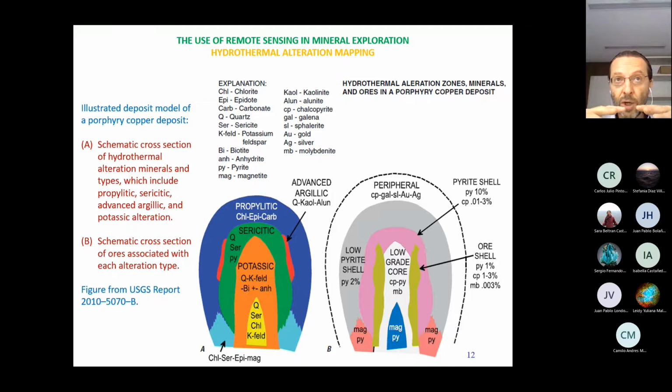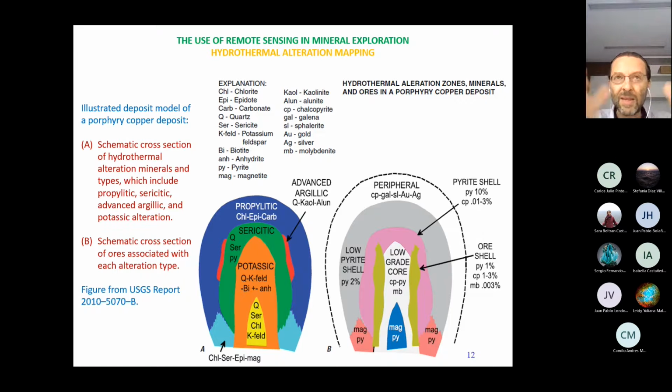And associated, the porphyry deposits form at a certain depth in these volcanic systems. At shallower depths above the porphyry deposits, we get the epithermal deposits, very rich in gold, for instance.